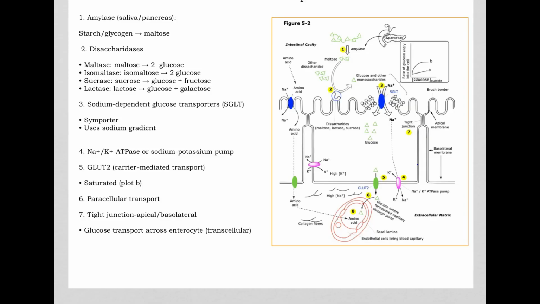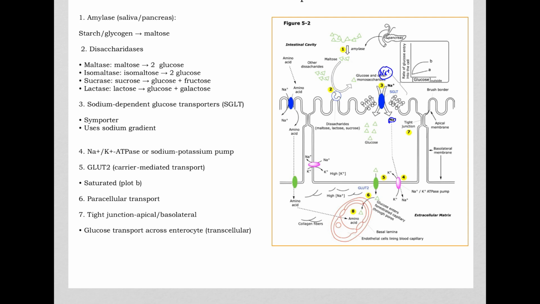The enterocyte in the small intestine is the cell that will absorb glucose into the body. In this enterocyte, the concentration of sodium inside the cytoplasm is always kept very low, and that is done by the sodium-potassium pump that continuously pumps sodium out using ATP energy. Since sodium inside the cell is very low, sodium outside the cell in the GI cavity is very high.